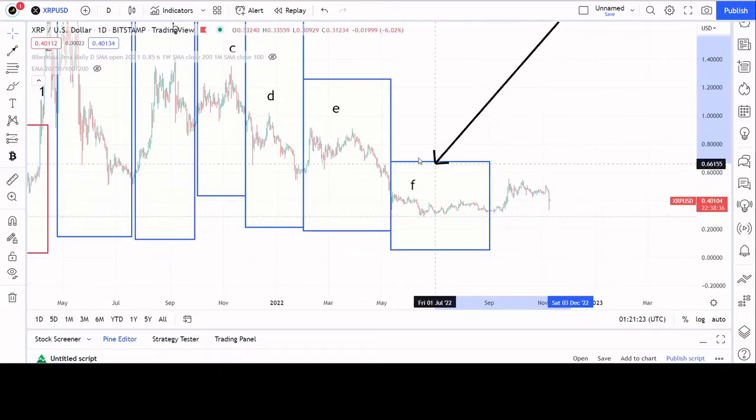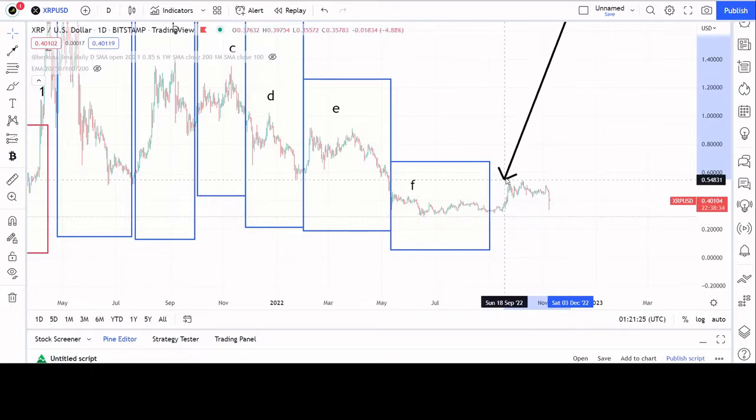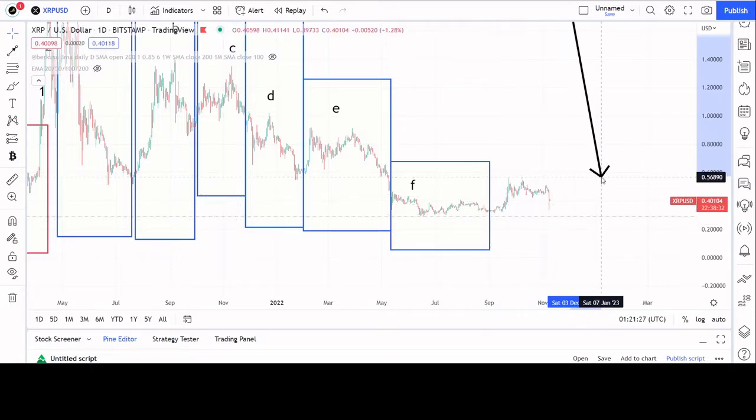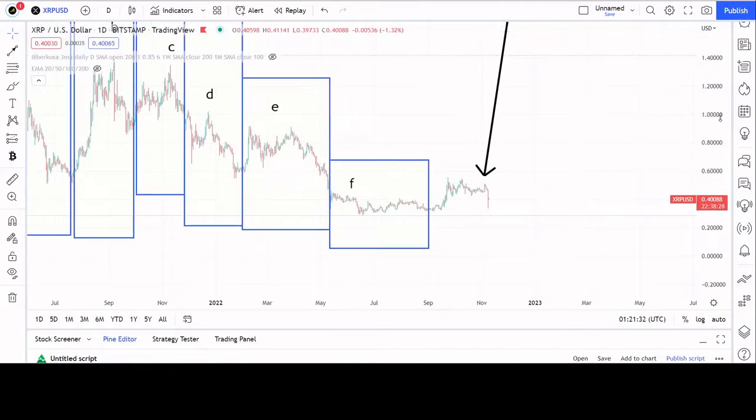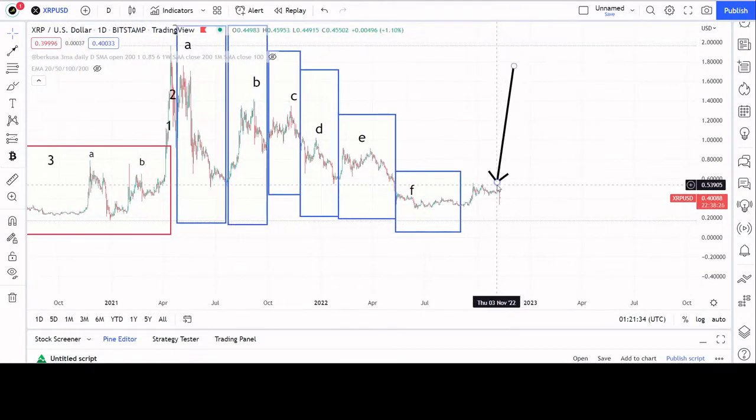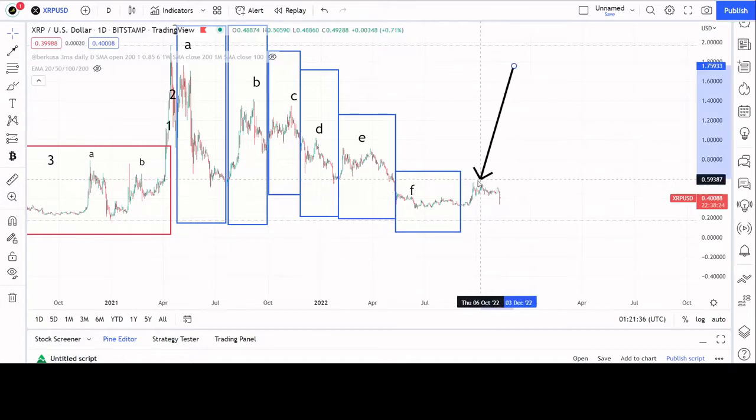So after this correction, XRP moves back up and goes into a range-bound sideways time that eventually leads to the next bull run. So let's examine this range-bound sideways time and see if we can find something like this that has taken place historically and compare it to now.